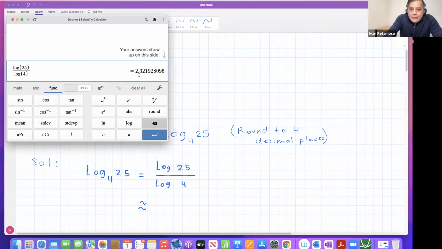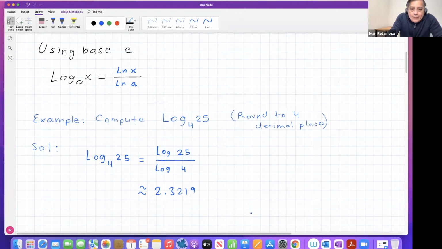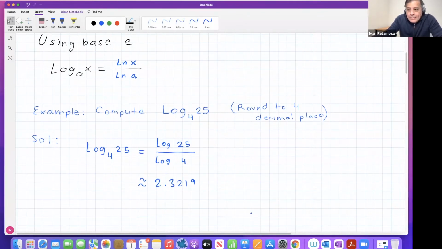And look, we get 2.321, and there is a 9 there next to 1, so this should be 2.3219, rounded to 4 decimal places. So let's write it here. And that is supposed to be our answer, 2.3219.